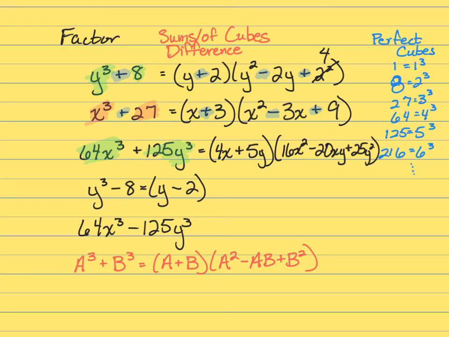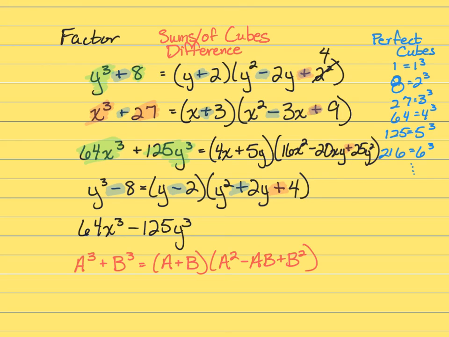Y minus 2 is our first little binomial factor, and then we do the same thing: a y squared at the beginning, a 2 squared at the end, but now it's going to be plus 2y and again plus. So if this is minus, this will be minus. And then you'll have a plus and a plus. Notice these are always plus in all of our examples.